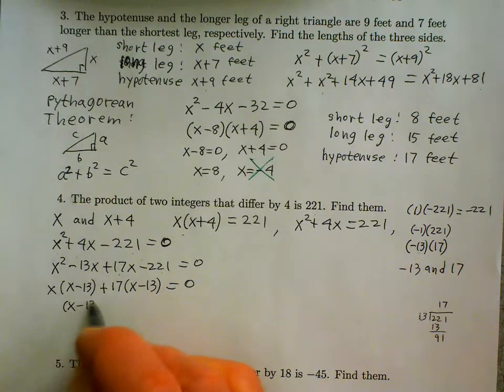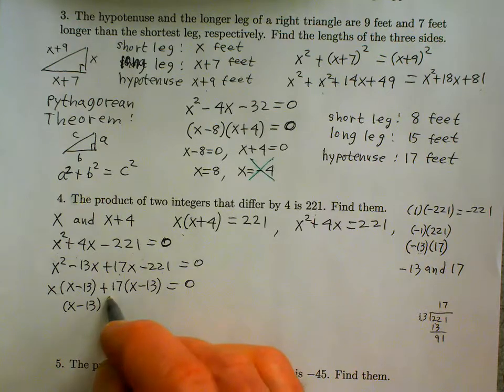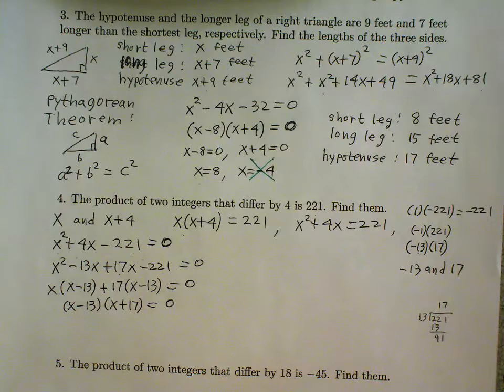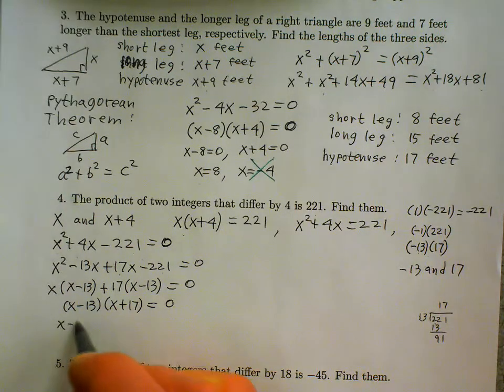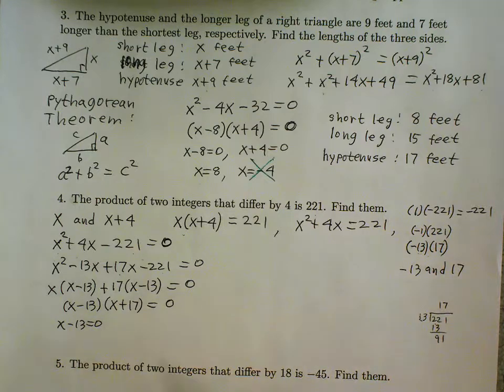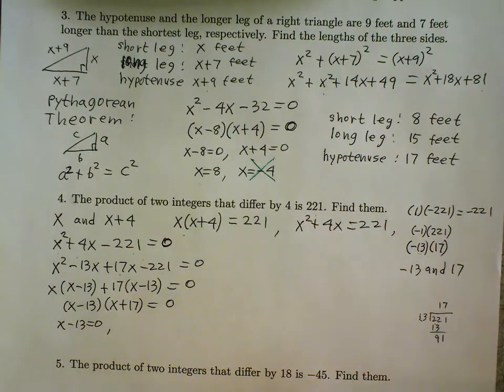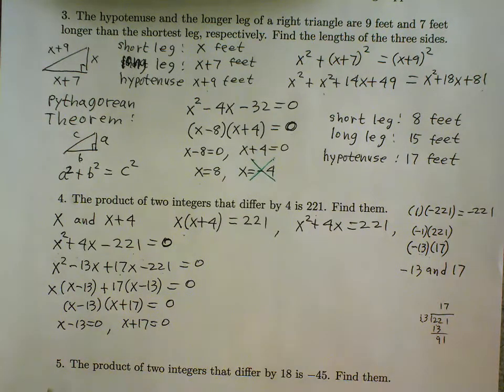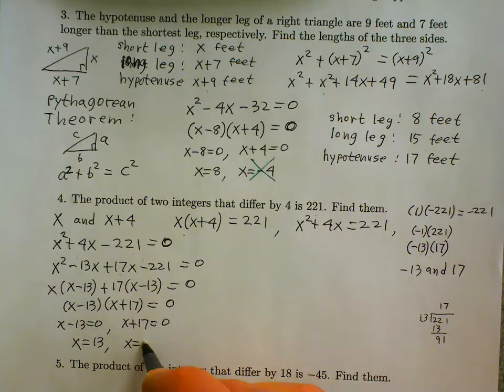And then the two factors are x minus 13 and x plus 17. So set each factor equal to 0. X minus 13 is 0, and x plus 17 is 0. So one of the solutions is x equals 13. The other one is x equals negative 17.